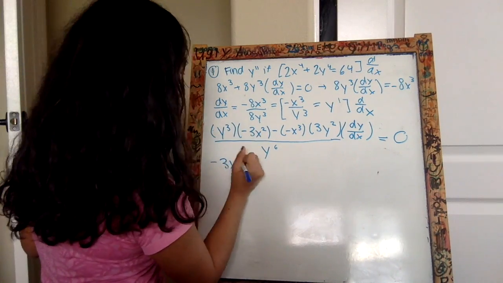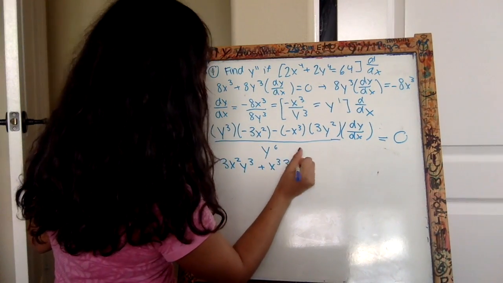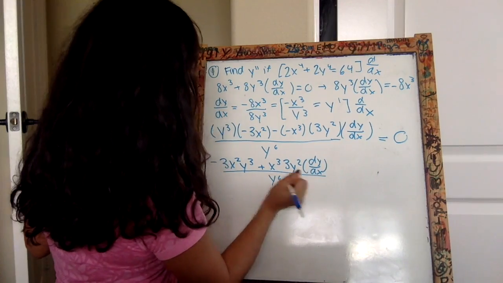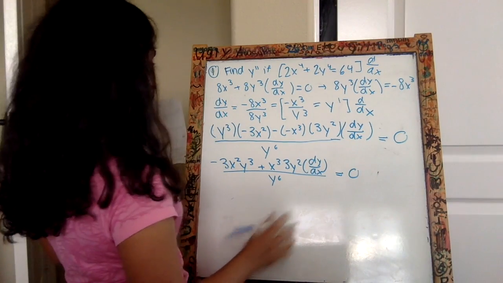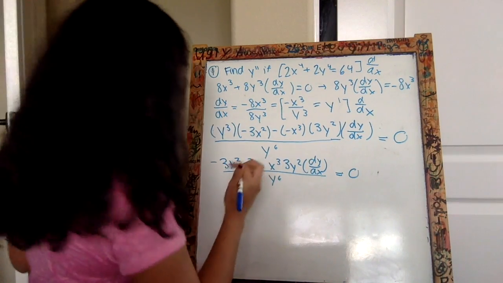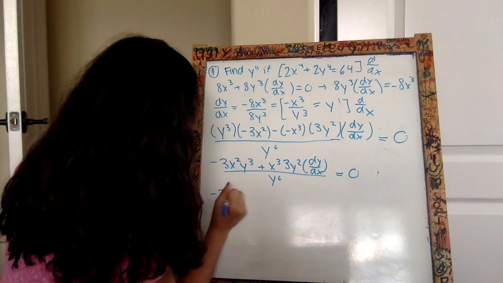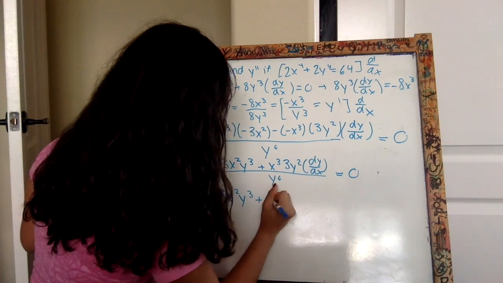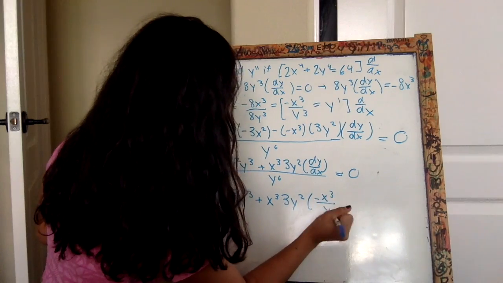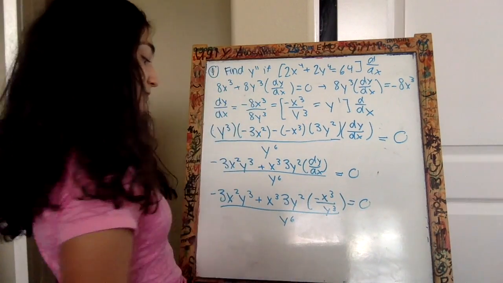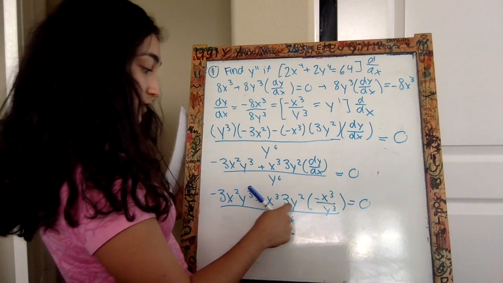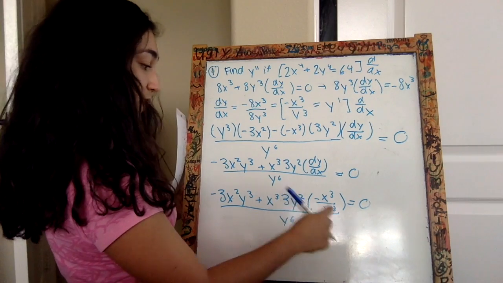I'm going to substitute my value of dy dx into the equation. As you can see, we can cancel out these y's with these y's.